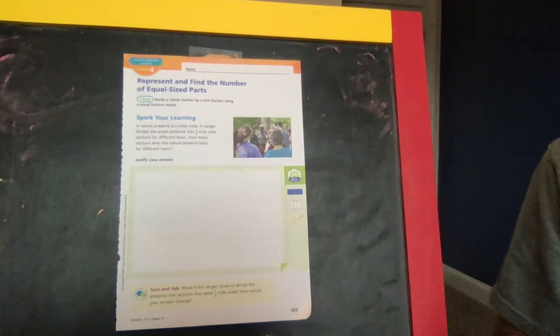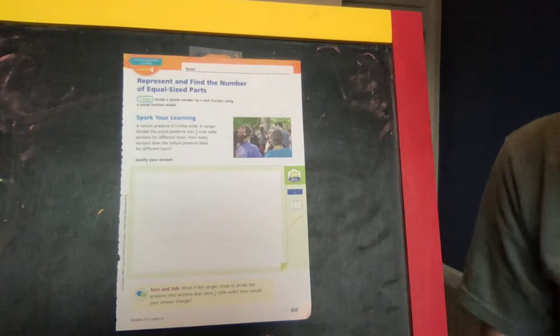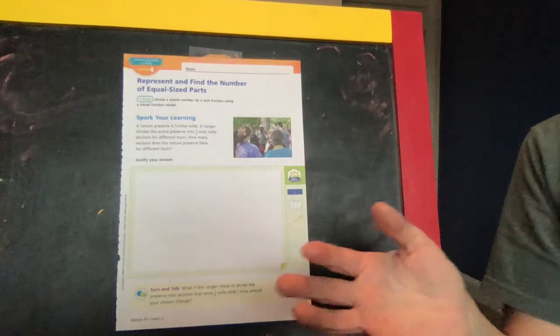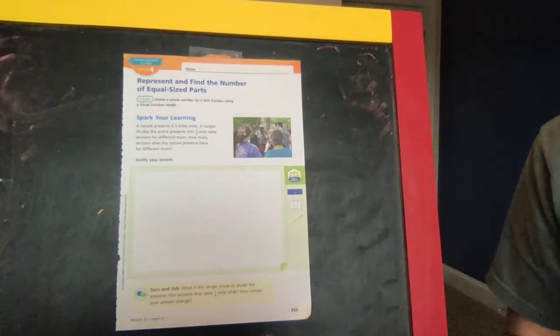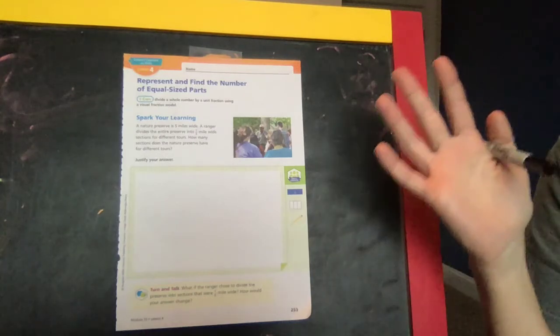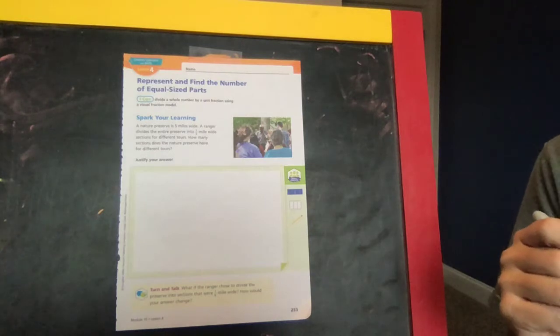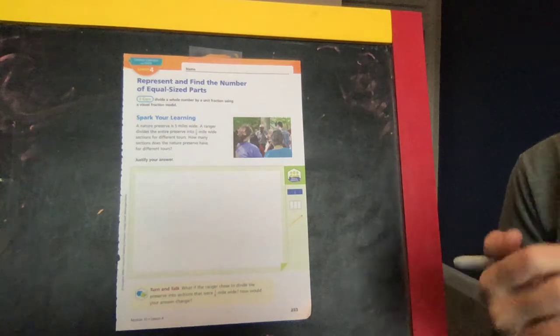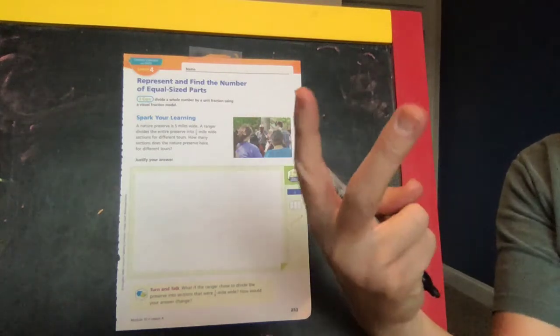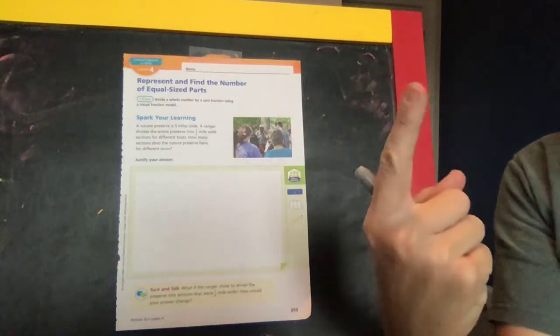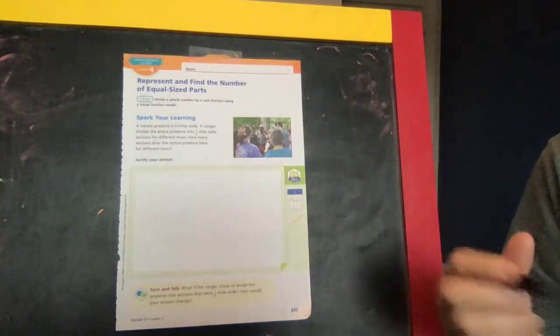Okay, so let's get that in our mind again. We've got a nature preserve that's 5 miles wide, and the ranger is dividing it into 1/3 sections. So let's think about 1/3. 1/3, 2/3, 3/3. That's going to make up 1 mile. But we have 5 of those miles.